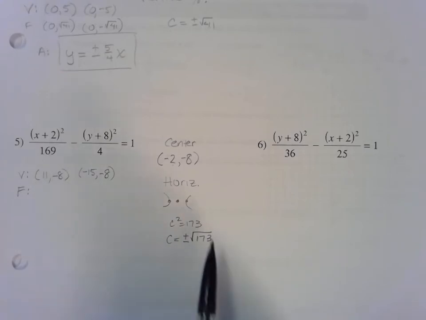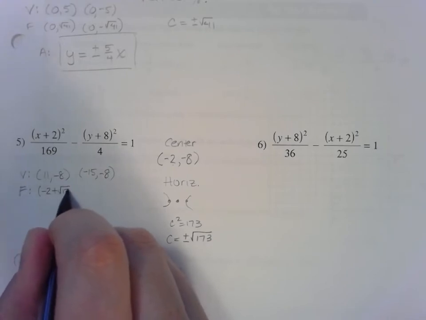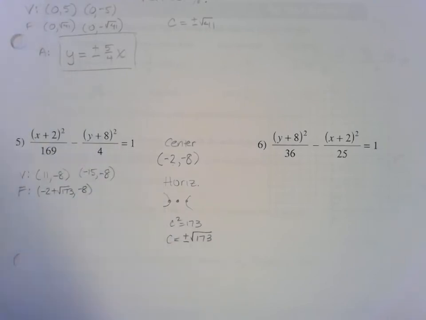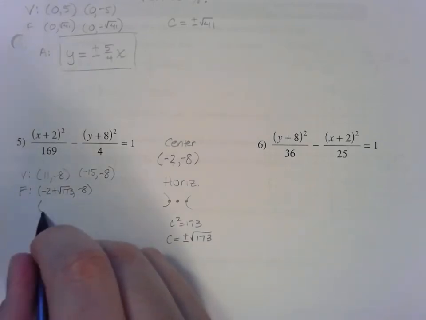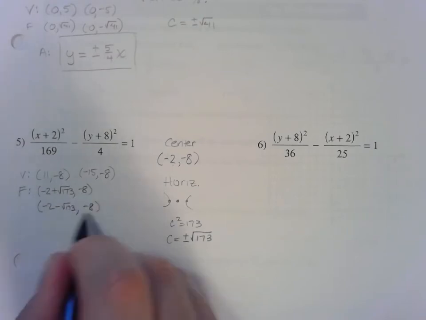So we're going to add and subtract this to the x-coordinate to find the location of our foci. That's one focus, -2 plus root 173, comma, -8. The other one is -2 minus root 173, comma, -8.